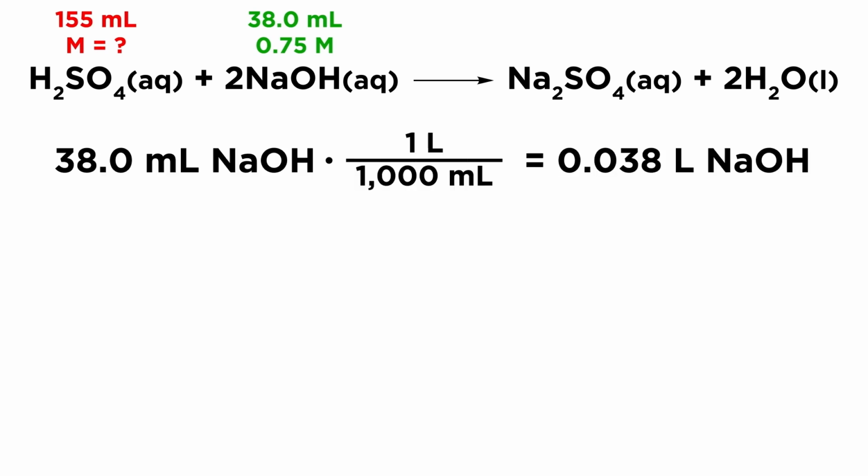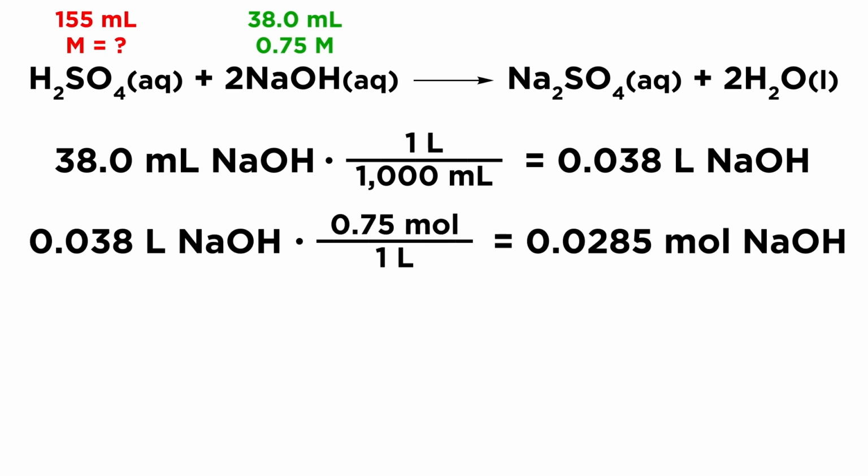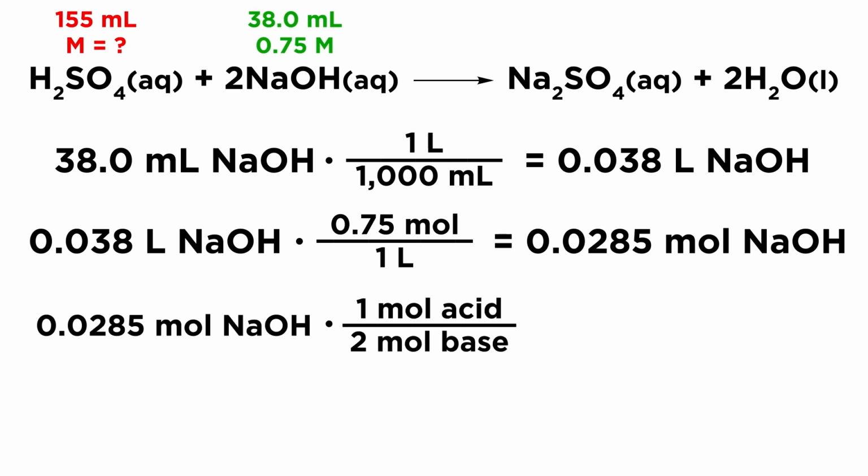To begin, 38 milliliters can be converted into 0.038 liters, and then we multiply by the concentration to get 0.0285 moles of base. Now it takes 2 moles of base to neutralize each mole of acid, since each mole of sulfuric acid reacts with 2 moles of sodium hydroxide to produce 2 moles of water.